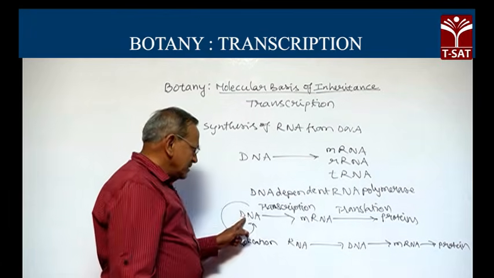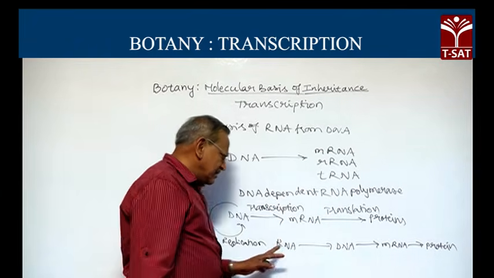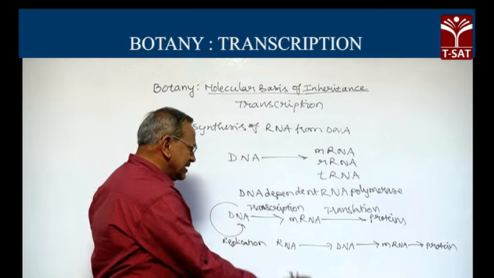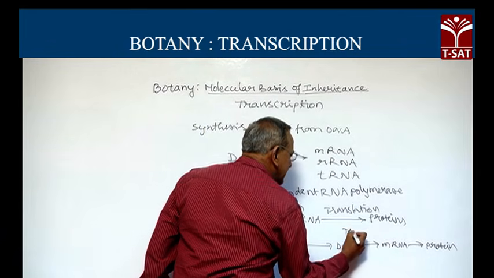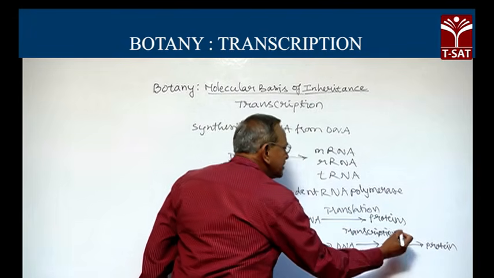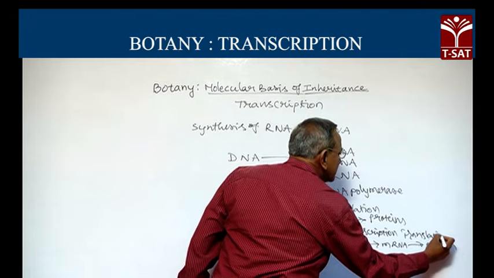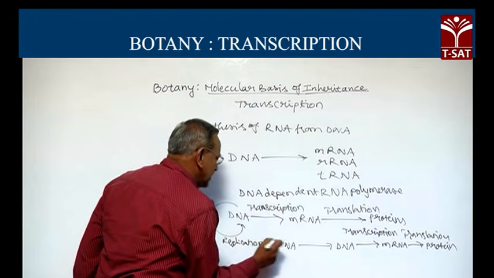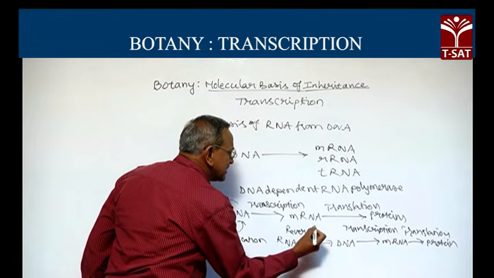So this is what is already written here. And so from RNA, DNA is produced. So this step, we have named this already. This is called transcription, and this part is called translation, and this must be called reverse transcription.